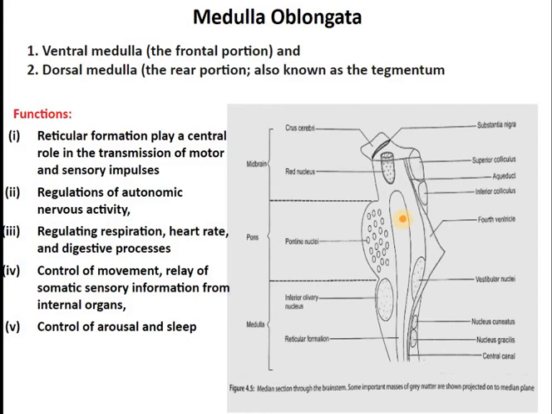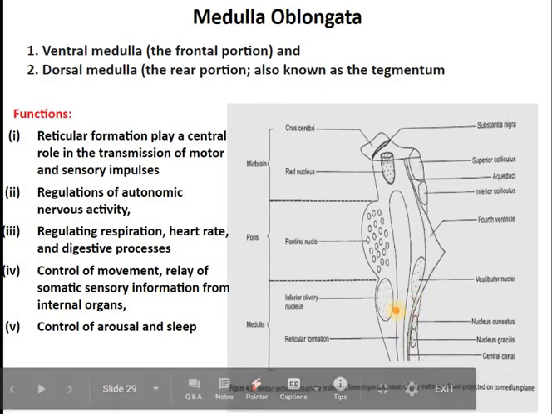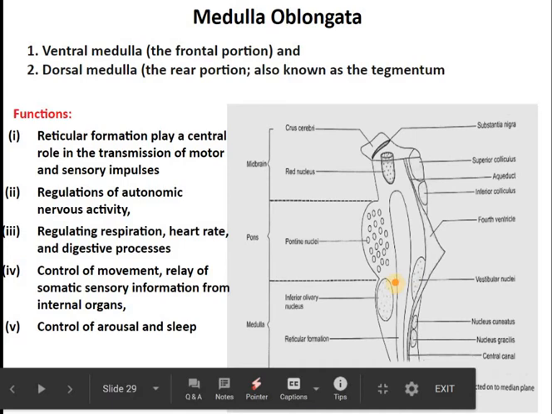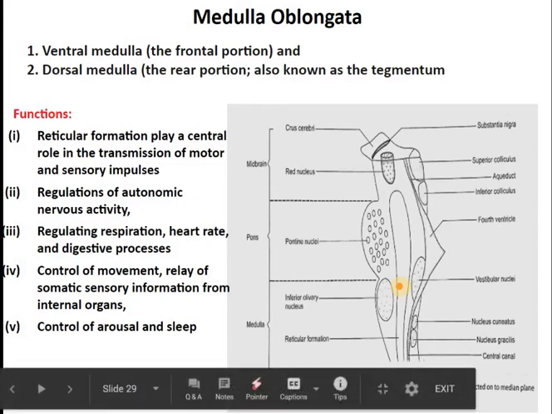If we look, the medulla oblongata is divided into two portions. This region is called the ventral medulla, and from the reticular formation to the back, this region is called the dorsal medulla, which is also known as the tegmentum.